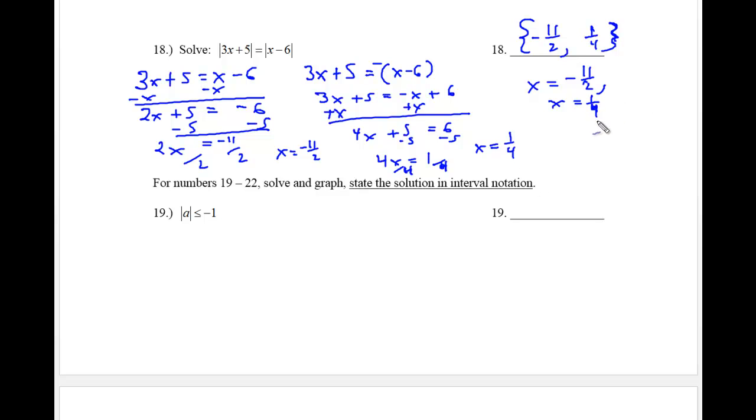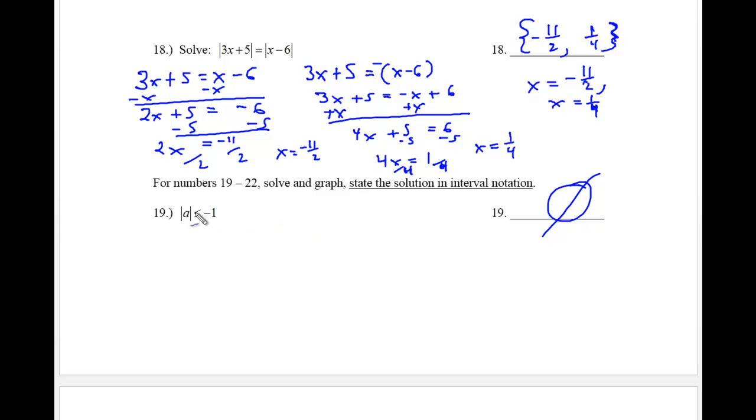Now, normally I would say in problem 19 you write the problem twice, but this is impossible, and the reason why it's impossible is the absolute value of any number will always be greater than or equal to 0. So it is impossible for a to ever be less than or equal to negative 1 after you take the absolute value. So number 19 is no solution.